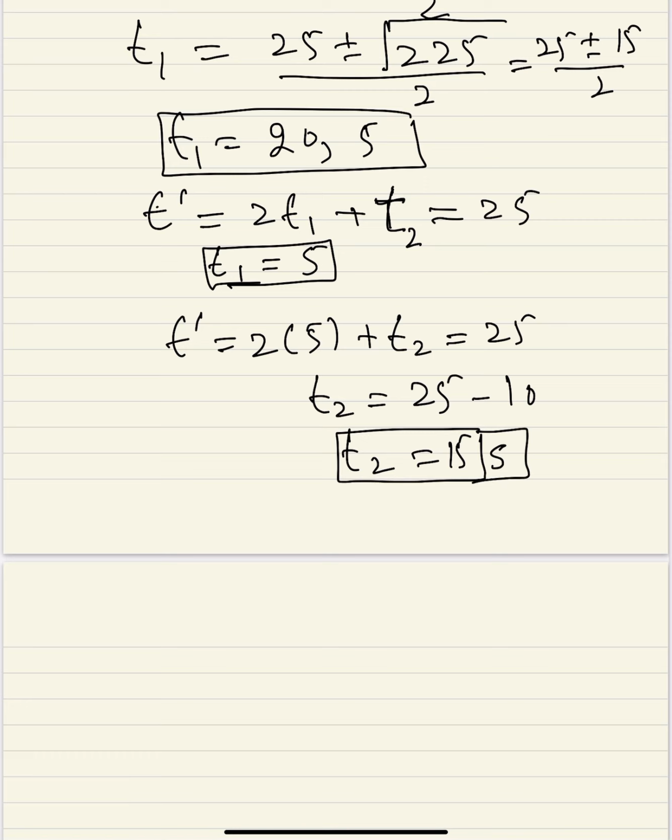It accelerates with 5 meters per second square, then moves with constant velocity, then decelerates and finally comes to rest. And we have solved the question. The car will move with constant velocity for 15 seconds only, right?